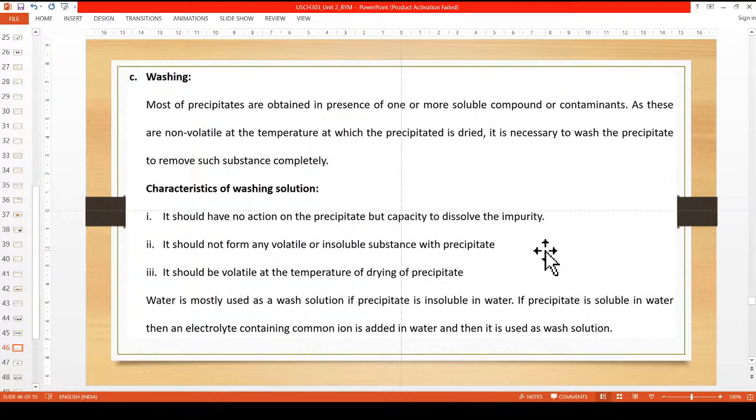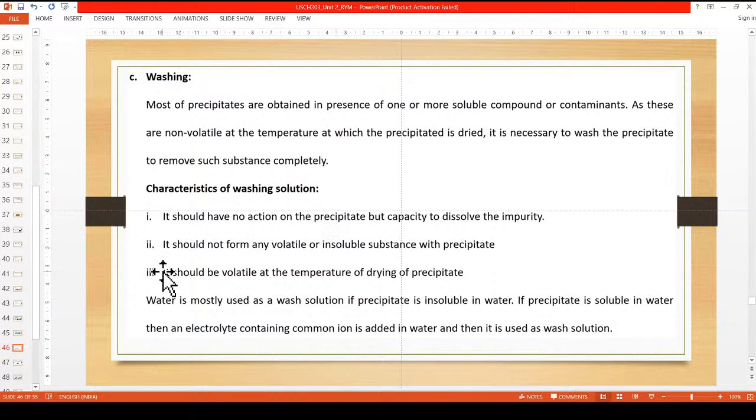And there are properties of a washing solution. You can select your washing solution in such a way that it should have no action on the precipitate. That is, it should not react chemically with your precipitate but have the capacity to dissolve impurity. अगर उसमें impurity होगा तो your washing solution should dissolve your impurity, and it should not react with your precipitate.